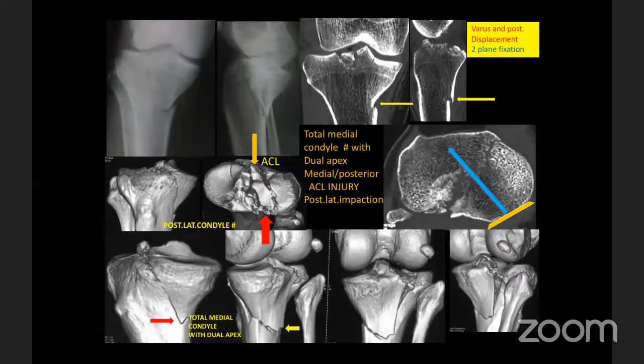Jignesh bhai. Yes, sir. This ACL word is coming again and again. Yeah, ACL is always there, sir. Are we doing anything in the acute phase? Sir, for those small pieces, if it's a big one, fine. Sir, for documentation, we have to put it like that. But it doesn't need to be addressed in most of the cases. In very few cases where there is a very large fragment, I fix it with the screw.